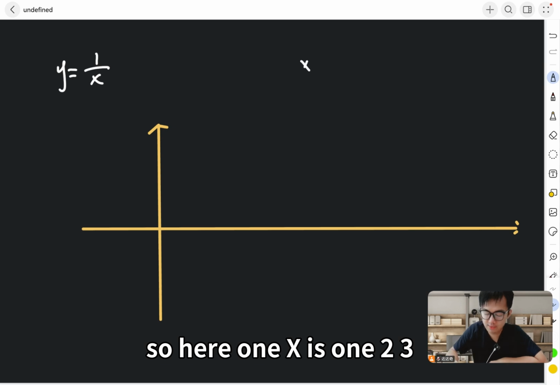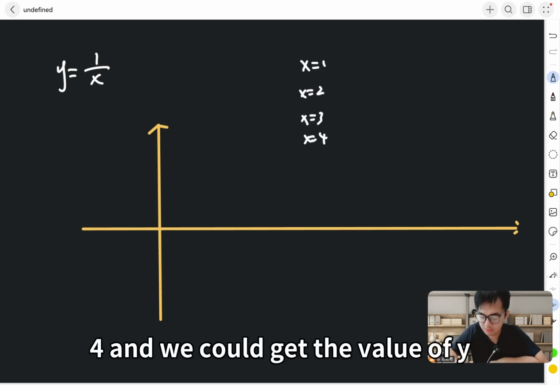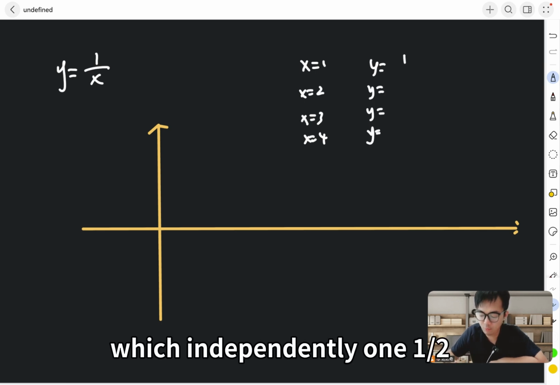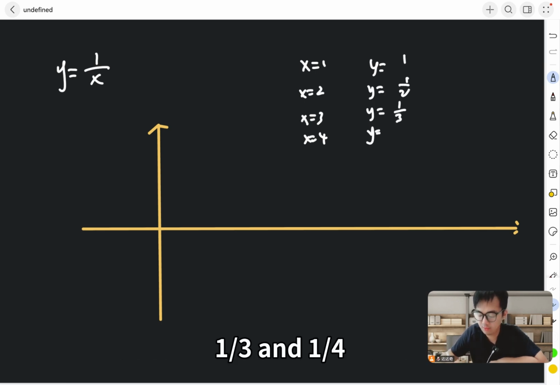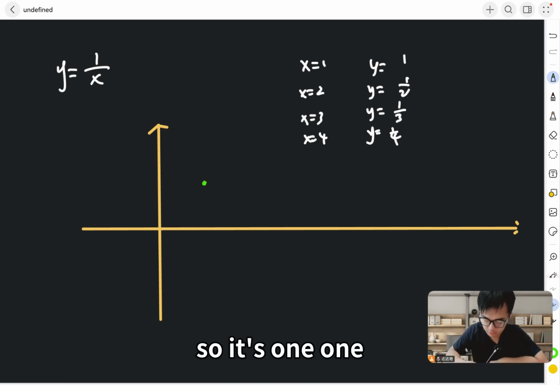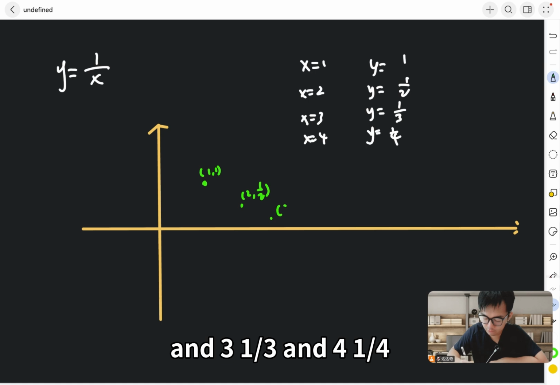Here, x is 1, 2, 3, 4, and we get the values of y: 1, 1/2, 1/3, and 1/4. Then we mark those points on the coordinate system: 1, 1, and 2, 1/2, and 3, 1/3, and 4, 1/4.